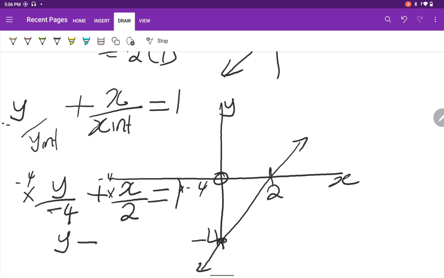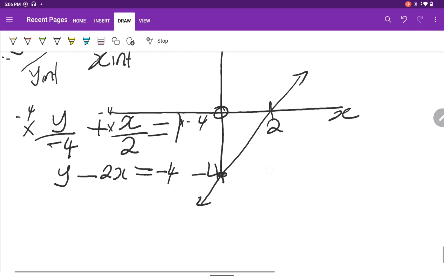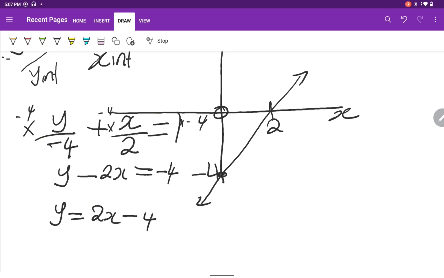Then we will have minus 2x, because 2 into 4 goes 2 times, and then this side will have a negative 4. Right, so we have y equals minus 2x. If we take the 2x to the other side, we will have y equals 2x minus 4. You see, we got our equation that we were looking for.